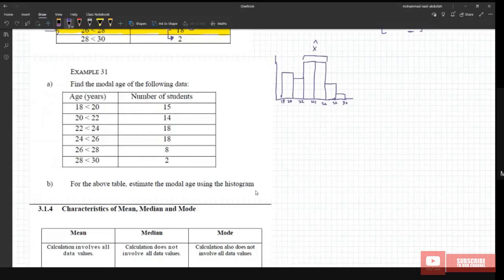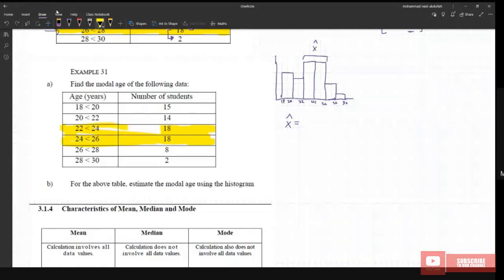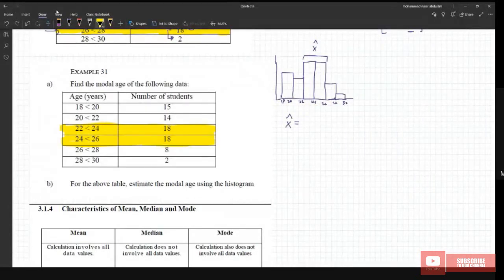Right? So now to calculate mode, this is your highest frequency. These two classes are your model class. The lower class boundary for this class is 22. The upper class boundary is 26. We combine these two classes together.